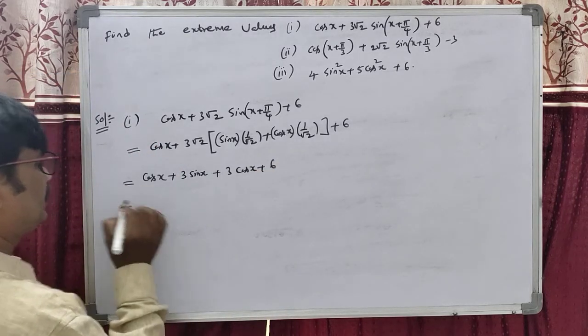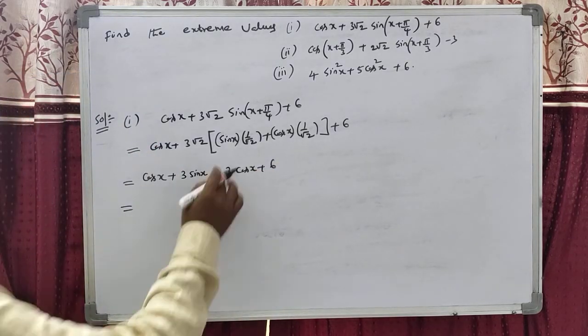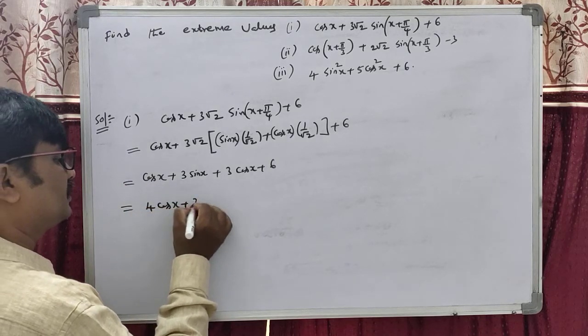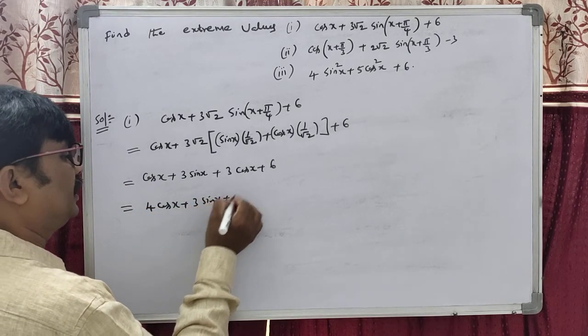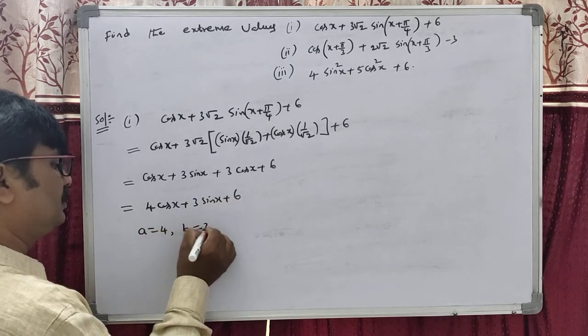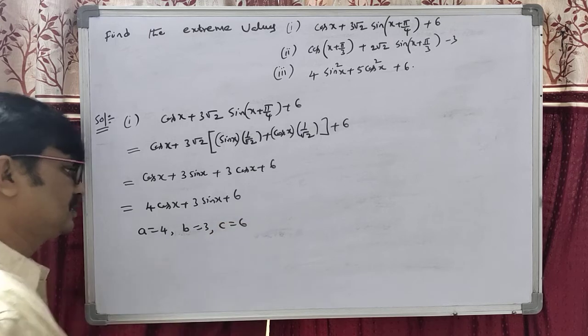After that, 3 + 1 gives 4 cos x + 3 sin x + 6. A is 4, B is 3, C is 6.